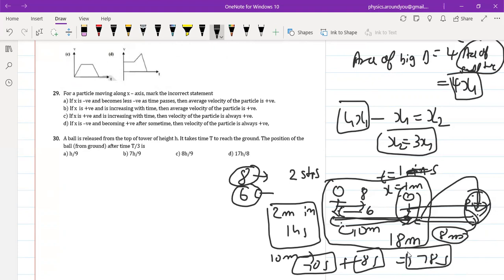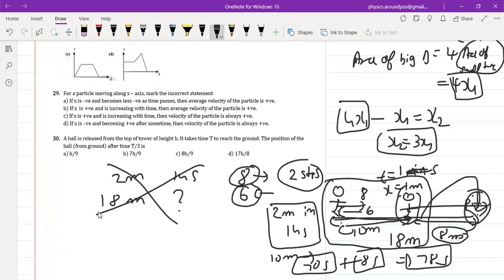The one misconception in this question is that people usually do this: 2 meters net progress means he covers 2 meters in 14 seconds, so how much time to cover 18 meters? No, you should not be doing this. Reason: this is applicable only if he reached 18 meters by going forward and coming back.